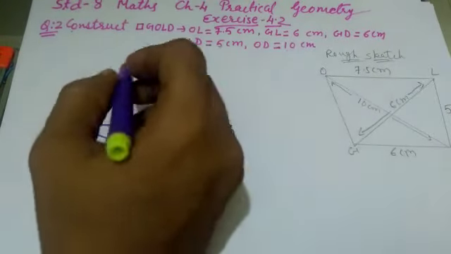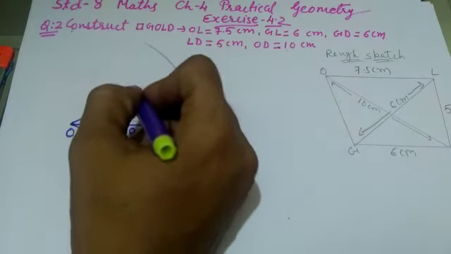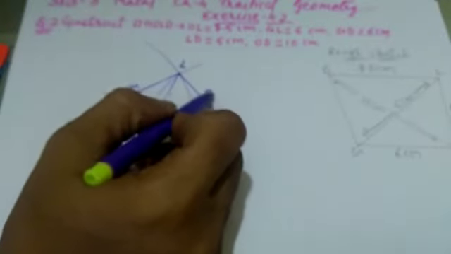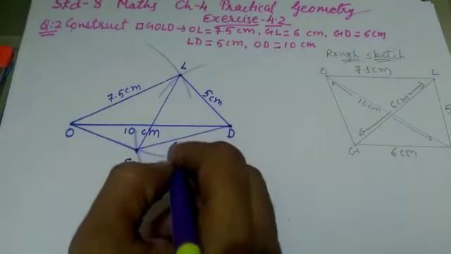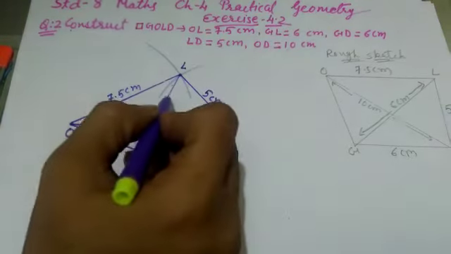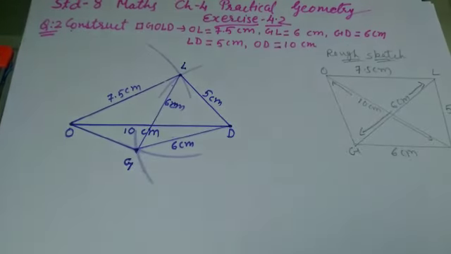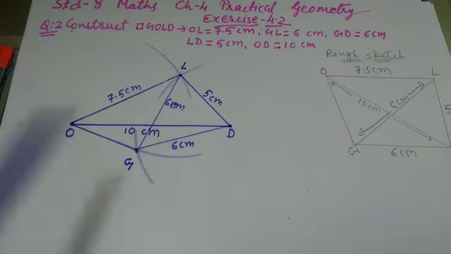Line segment OL we have constructed 7.5 centimeter. LD we constructed of 5 centimeter. Then GD we constructed of 6 centimeter and diagonal LG we constructed 6 centimeter. Okay, so here quadrilateral GOLD is the required quadrilateral.